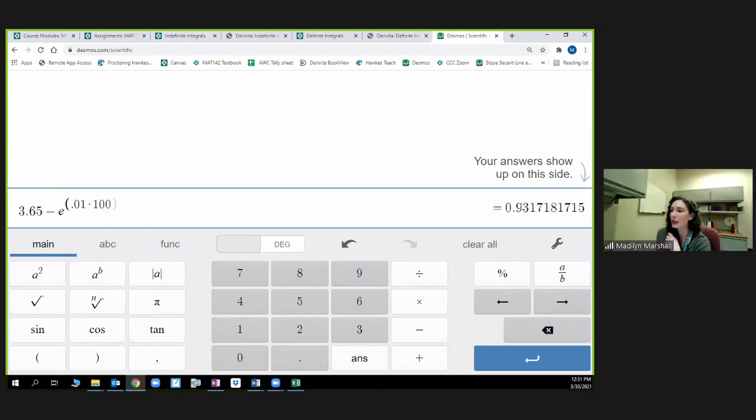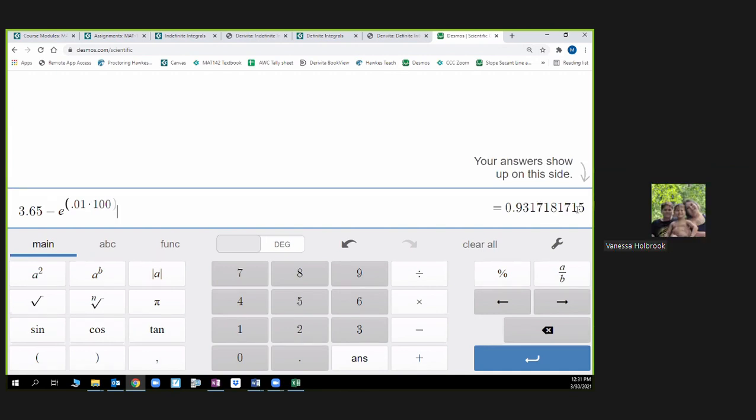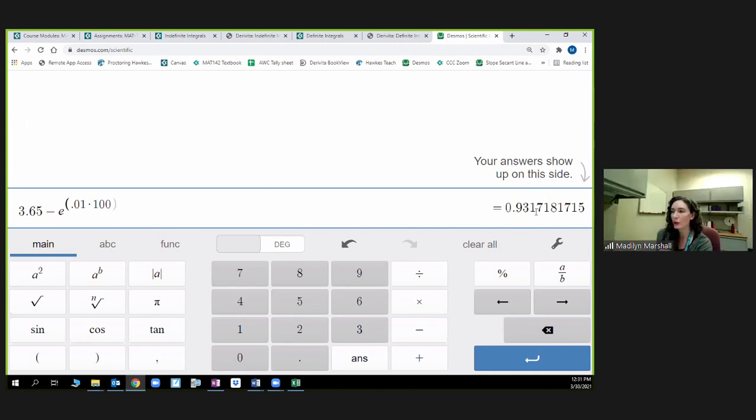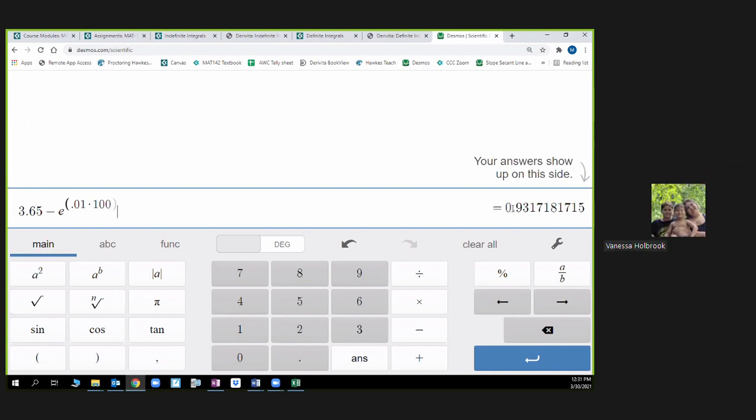And we get 0.9317, and e is irrational, since this is never going to be an exact number. So I'm just going to round this to 2 decimal places, since our price is in 2 decimal places. So 0.93.